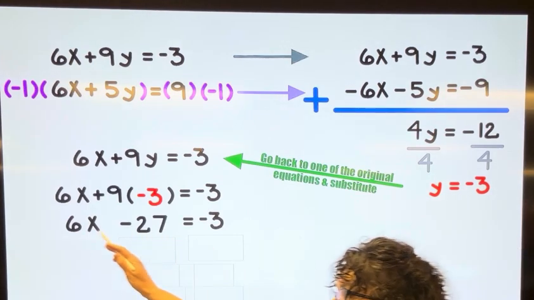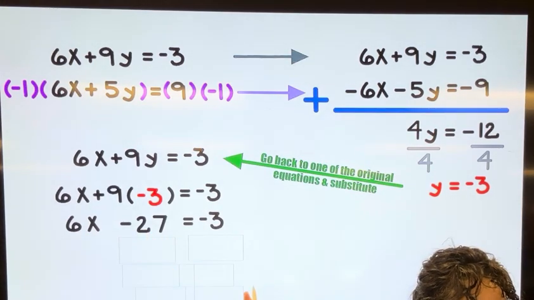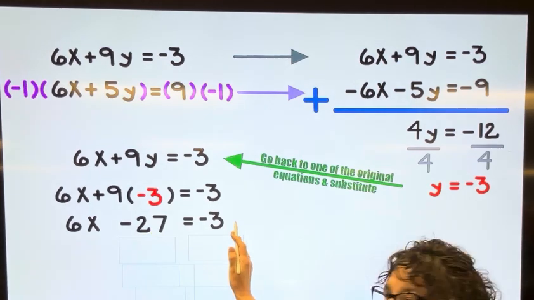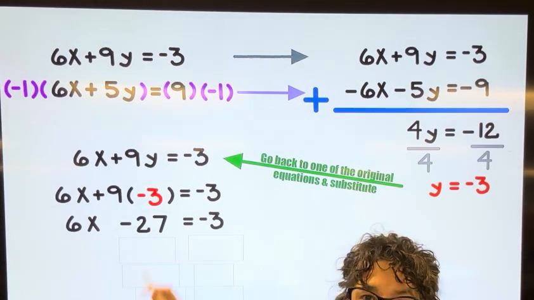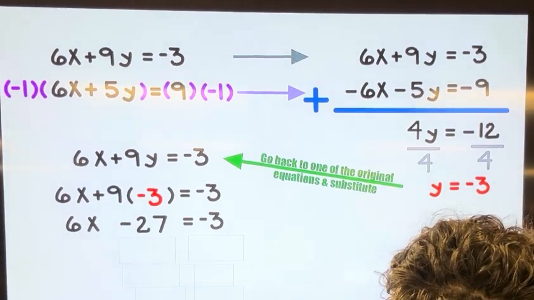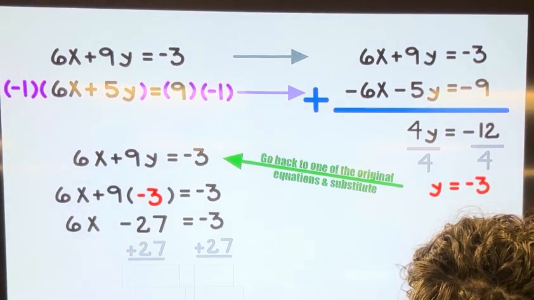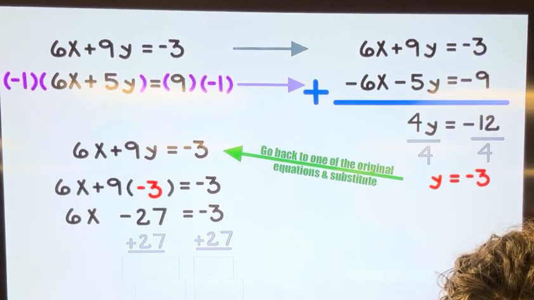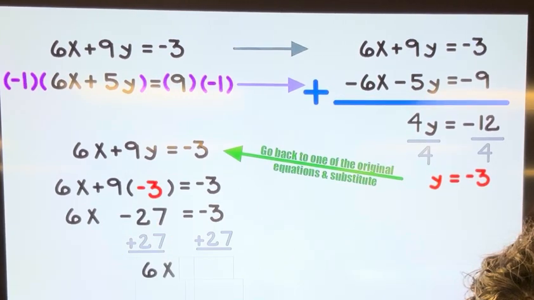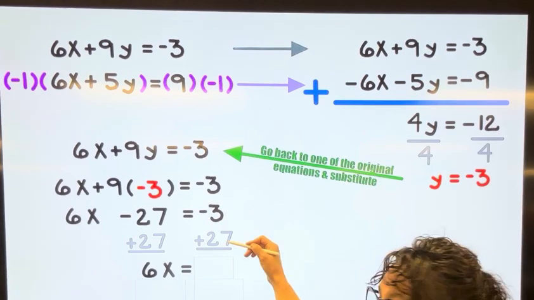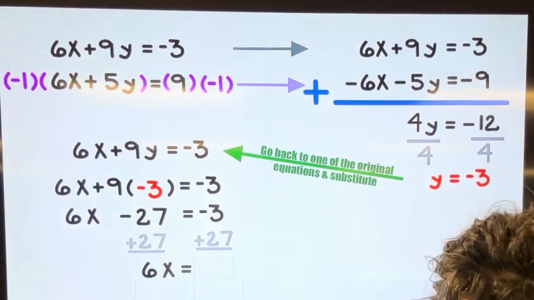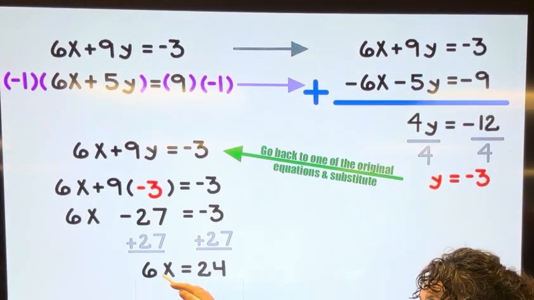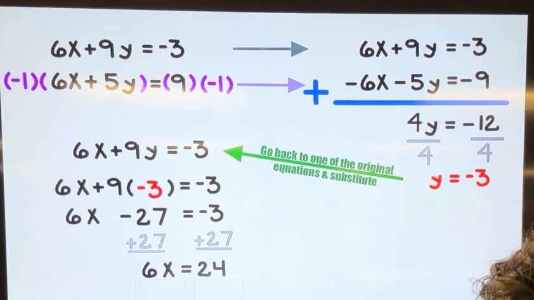Now that it's simplified, I'm ready to move letters to one side, numbers to the other. So let's move -27 to the other side. So the opposite of -27 is adding. What I do to one side, I do to the other. The left side still has 6x. Bring down my equal sign. -3 plus 27 is 24. Get rid of multiply by 6.